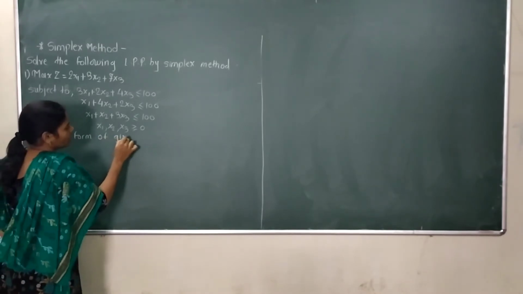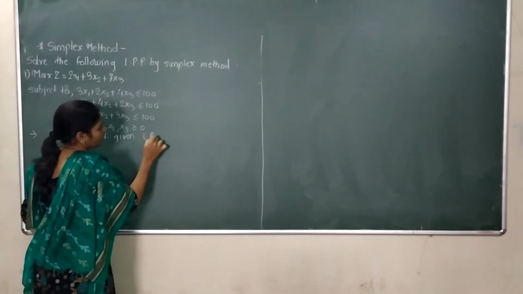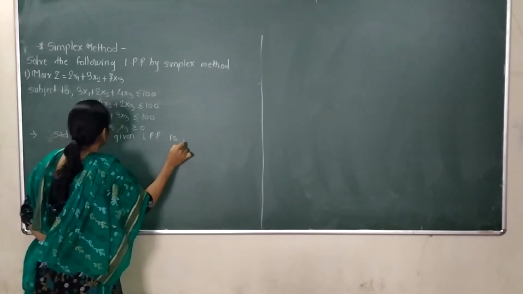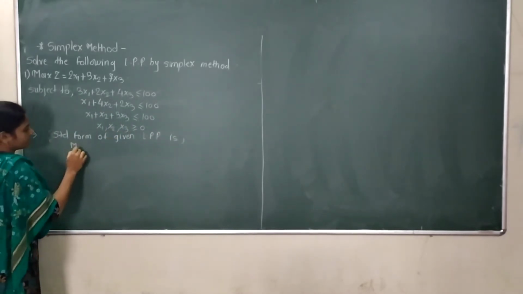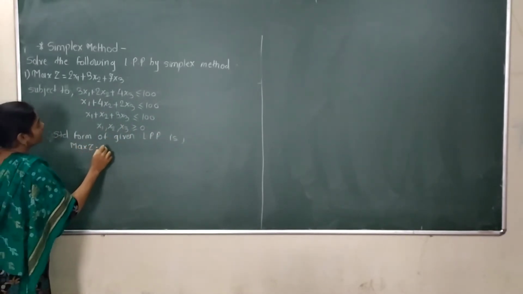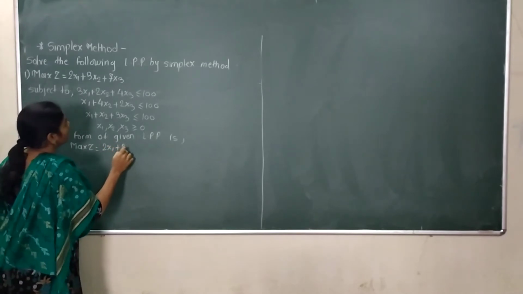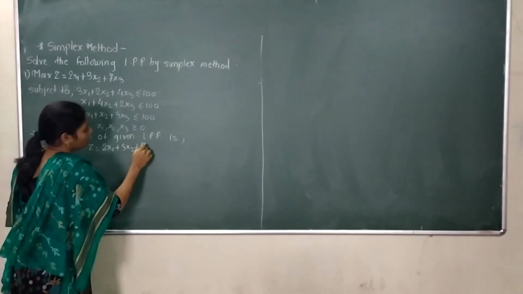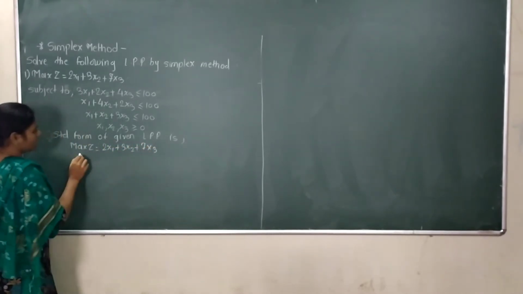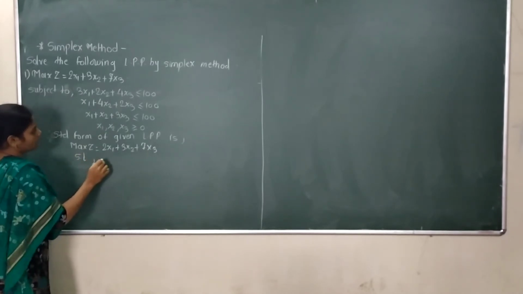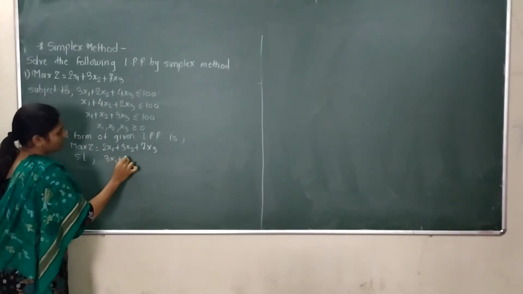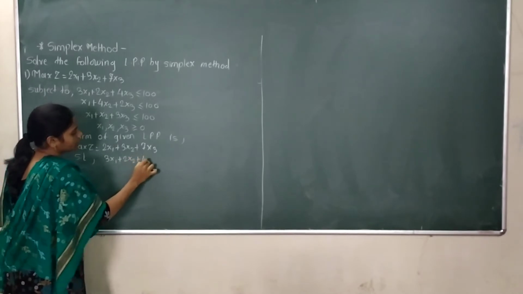The standard form of the given LPP is: max Z is equal to 2x1 plus 3x2 plus 7x3, subject to the constraints 3x1 plus 2x2 plus 4x3.